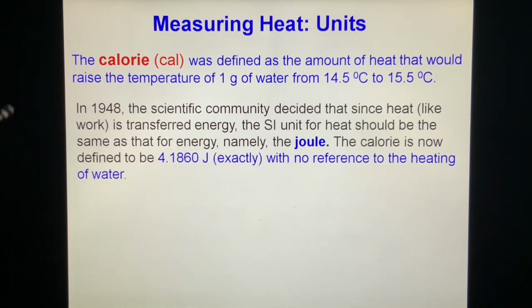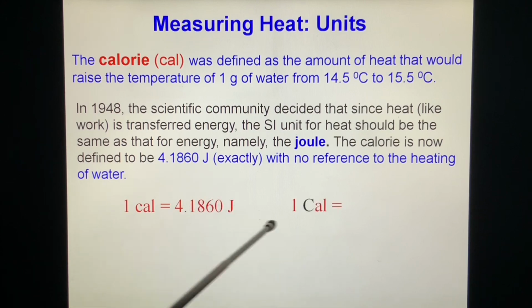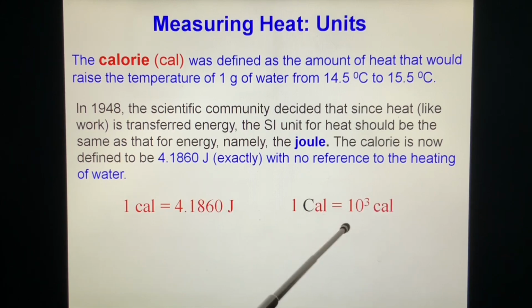The calorie is now defined to be 4.186 joules exactly, with no reference to the heating of water. 1 calorie equals 4.186 joules exactly, and 1 capital Calorie is a thousand calories.